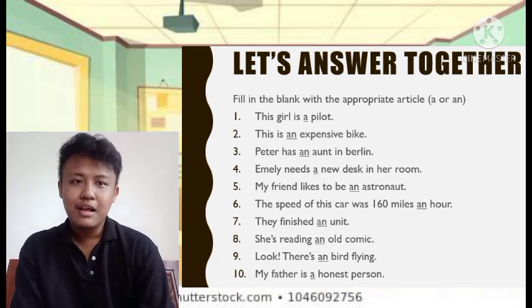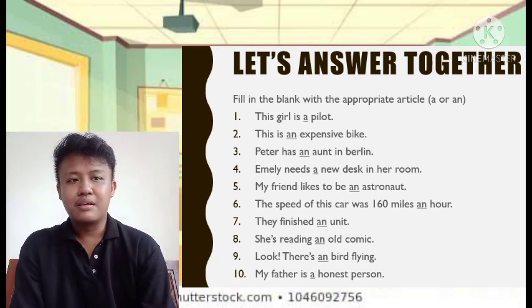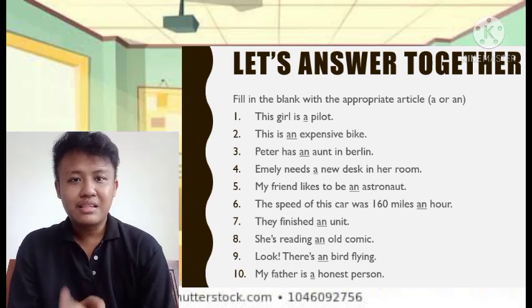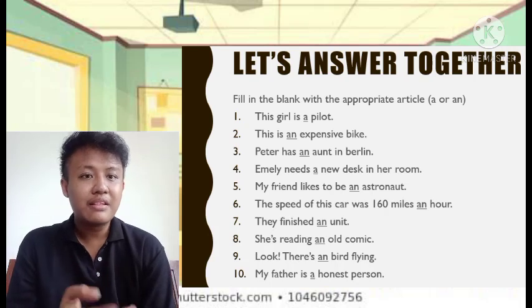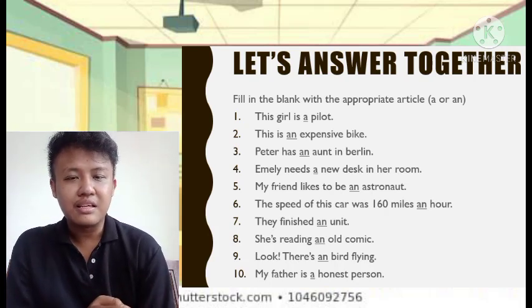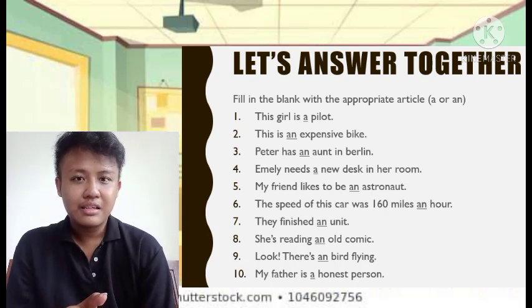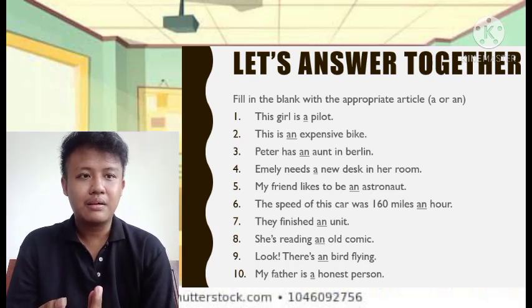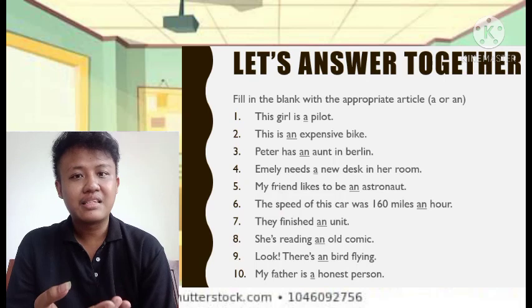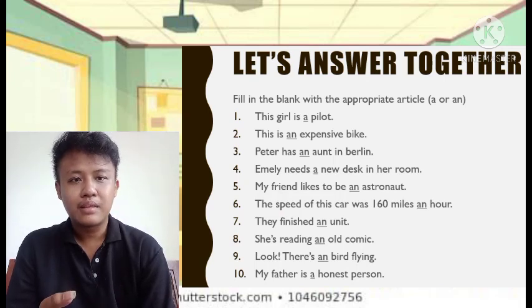Number six, the speed of this car was 160 miles an hour. Note that in number six, even though the word is spelled with H, the sound of H is like a vowel, so we use an to answer this question.